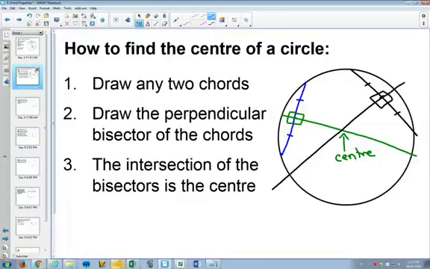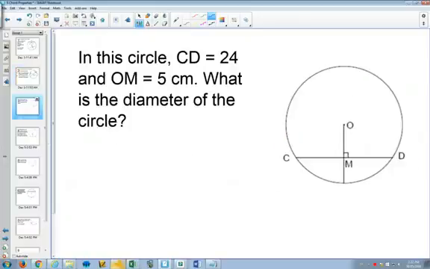So if you wanted to find a center of a circle, you could do it that way. So what's going to happen is you're going to get questions that use this property.